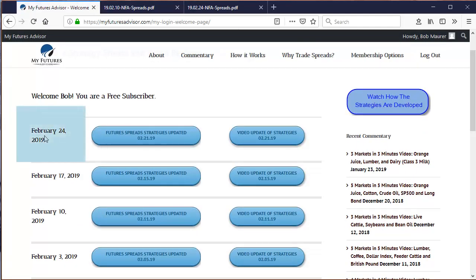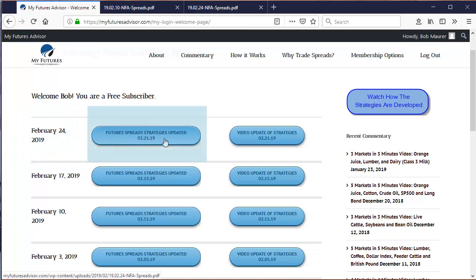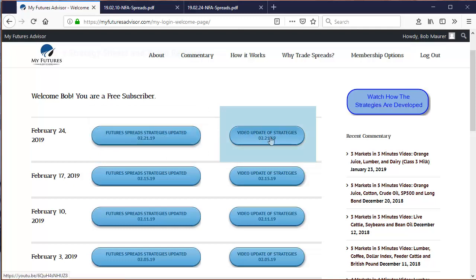On the far left, it's got the date that the particular strategy sheet becomes active, particularly the starting date of that week, February 24 in this instance. And then it has the latest strategy sheet with the time and date that it was updated, timestamped there. And then also it has the video update of that particular strategy sheet, which is also timestamped.